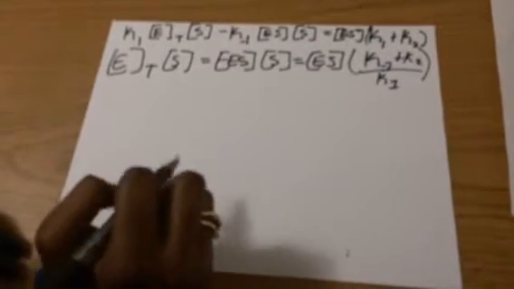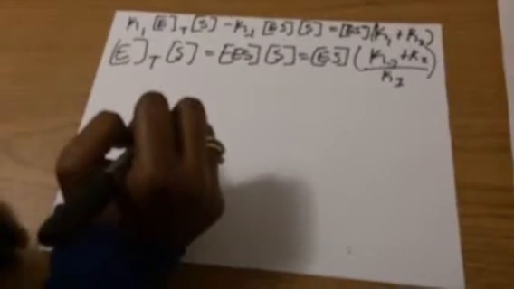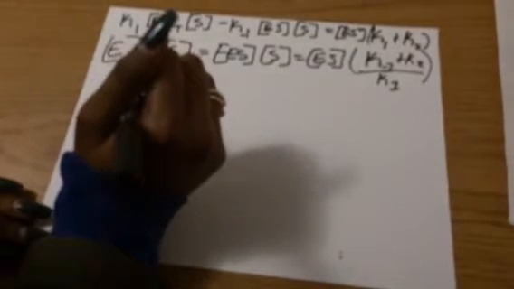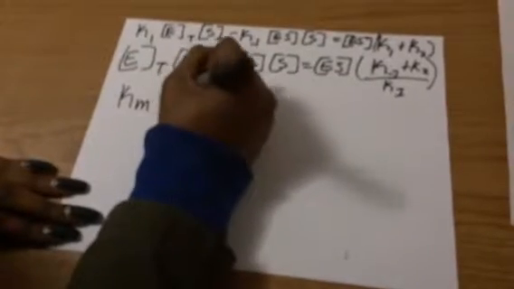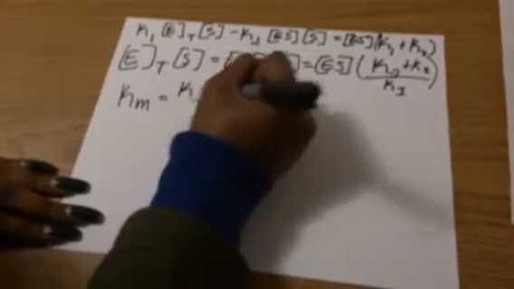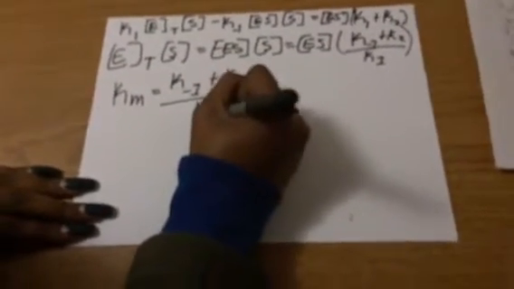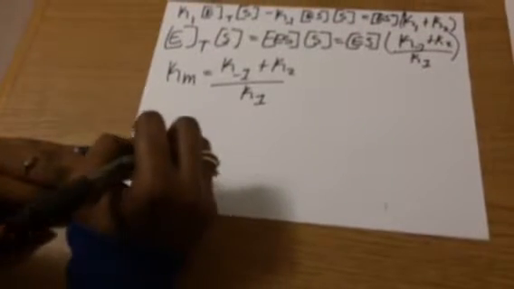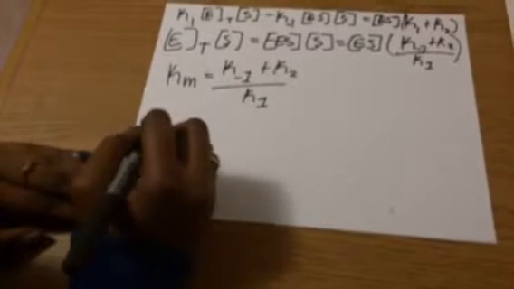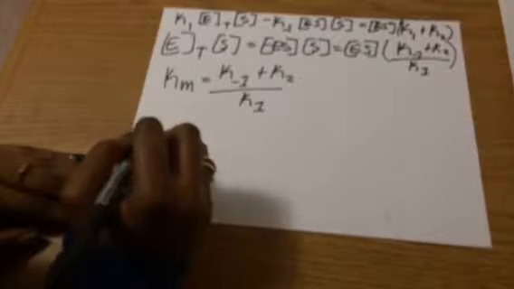Now, since all these rate constants are constant values, I'm going to combine them into an expression of K minus 1 plus K2 over K1 as Km. Now I'm going to substitute Km into the equation and add ES times S on both sides.